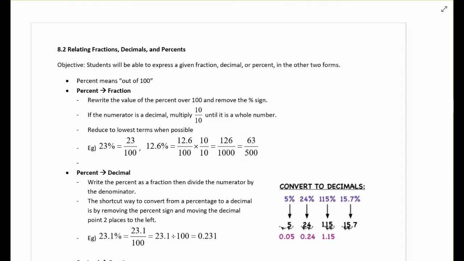So make it to the lowest terms. This is how to change from percent to fraction. So remember, you get rid of the percent sign and put a division bar and 100. So make it out of 100. So 23% means 23 out of 100. All right?